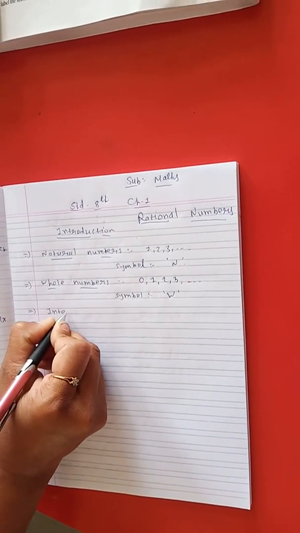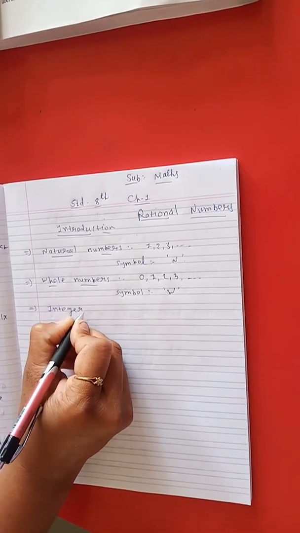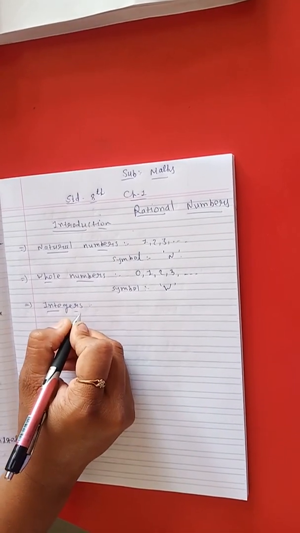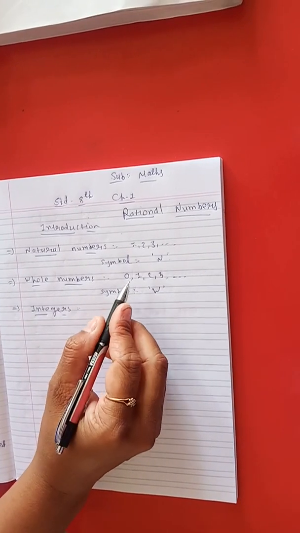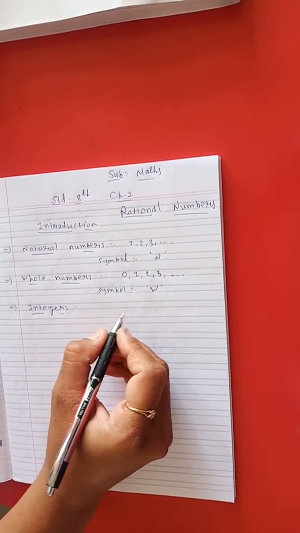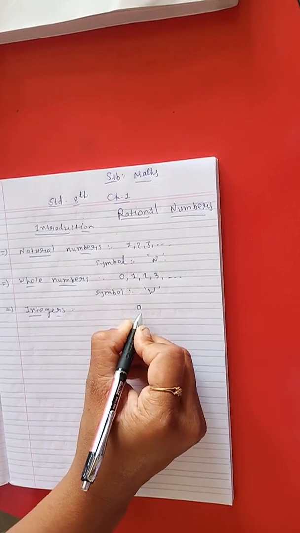After that we have to learn about integers, which you already learned in your 7th class. Integers means positive numbers and 0, but with that we also have to include negative numbers.